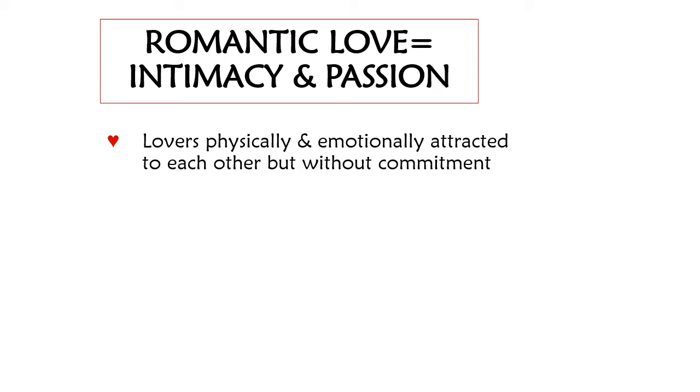So it could be if you are in the early stages of a relationship where you're still allowed to see other people, you're still just dating, but you have developed that closeness, that intimacy, and there's definitely the passion there. So things like summer romances, where you know at the end of the summer it's going to be over. In that case you've got that intimacy, passion, but no commitment.